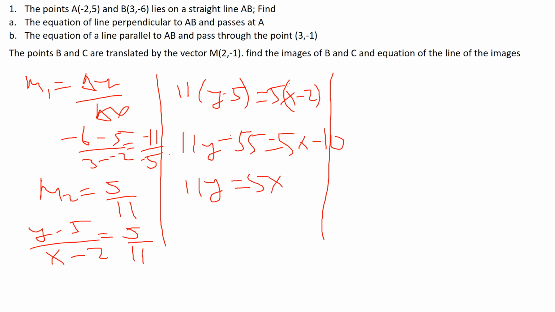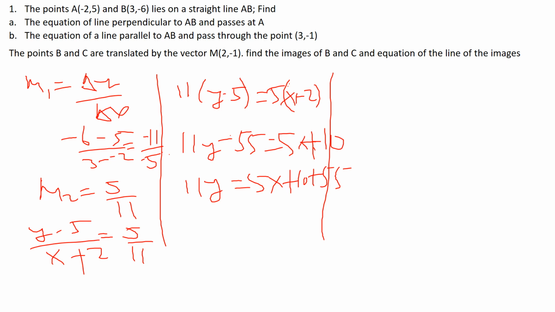Then when you take this to the other side of our equal sign, remember this one was a negative, so it becomes plus 10, then plus 55.